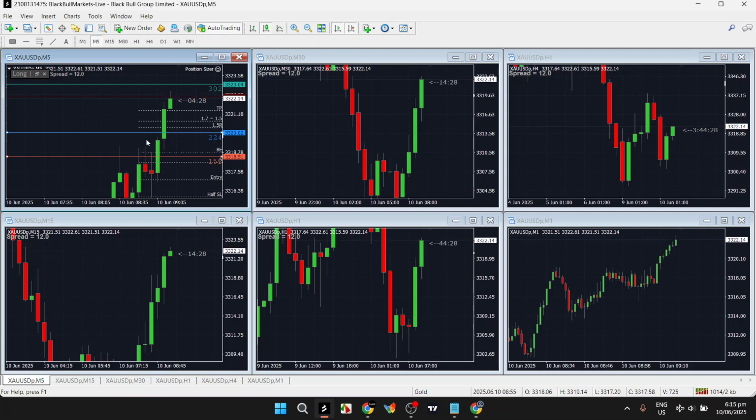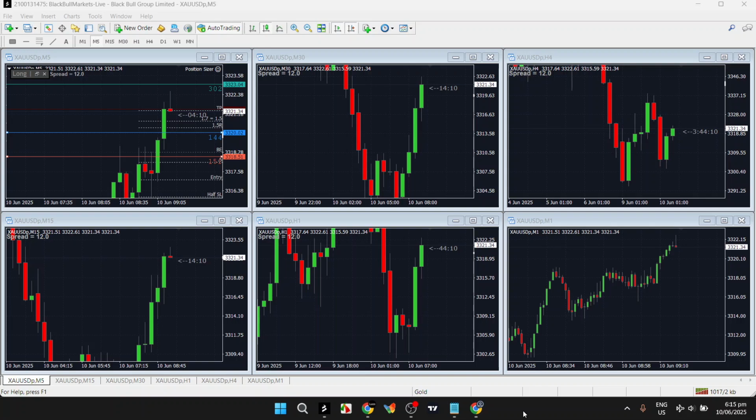Okay, looks like the trade idea is okay. We don't know what we don't know. Just wait and see. And that's the wick for the 15 minute candle. Yeah, we're creating the wick now.